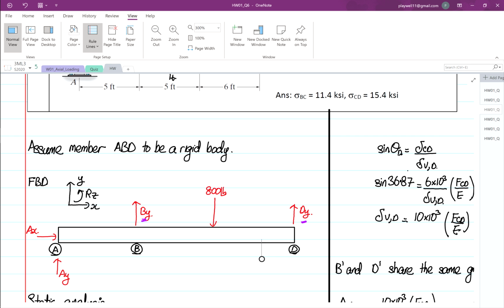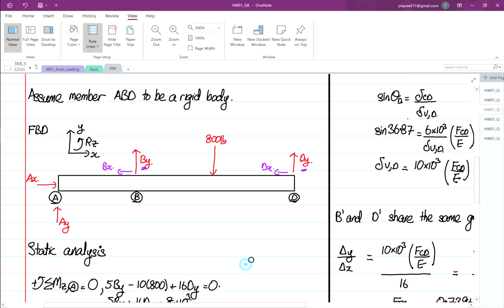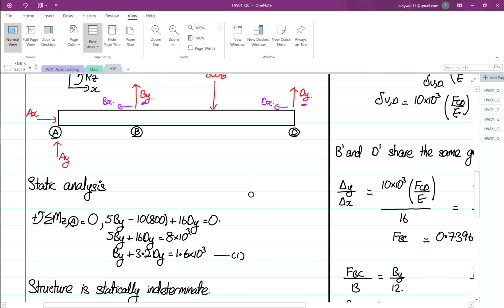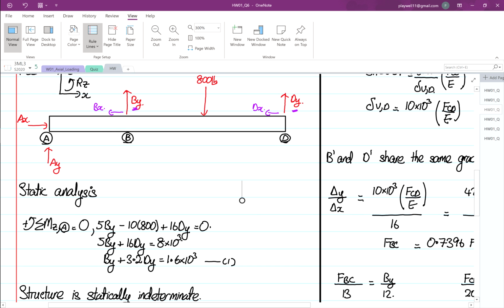If we were asked to find AX, to complete the free body diagram, we have BX over here and DX over here, so AX is not equal to 0. But we don't need that value. We take the moment at point A, and then we form our expression, equation number 1.